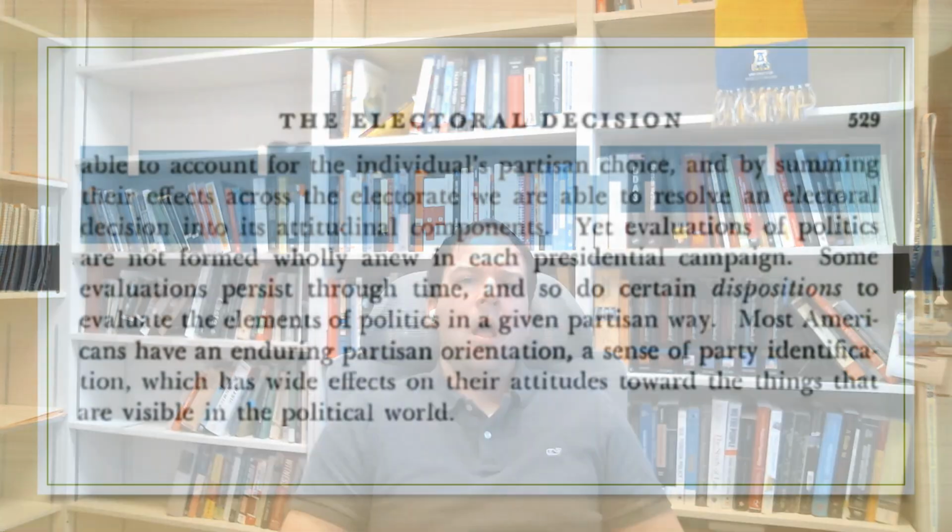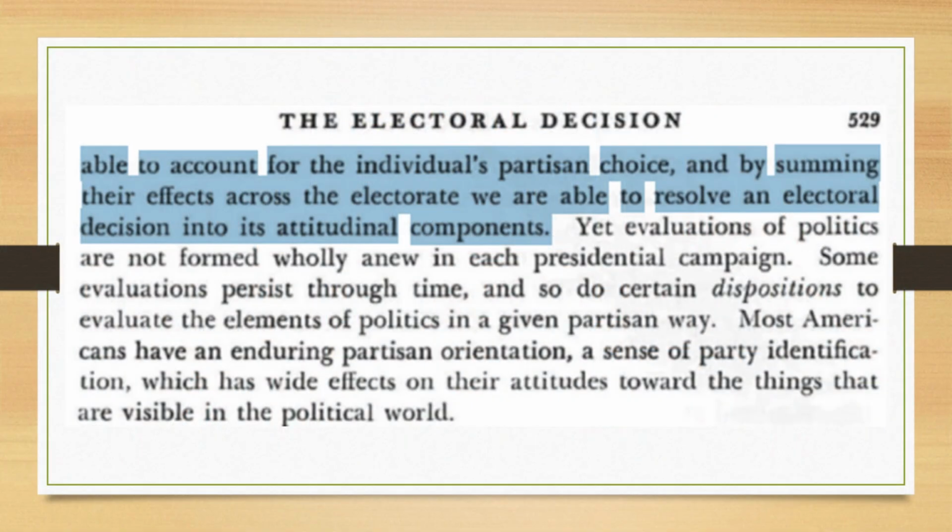Returning to the quote, "By measuring these evaluations, we are able to account for the individual's partisan choice, and by summing their effects across the electorate, we are able to resolve an electoral decision into its attitudinal components." End of the quote there. What they're arguing here is that partisans themselves, people who are Democrats, people who are Republicans, have shared evaluation structures.